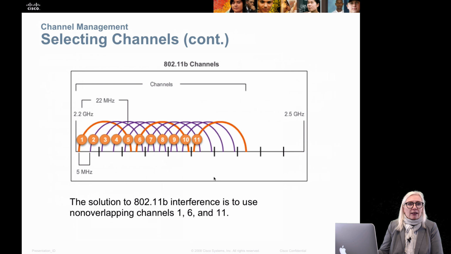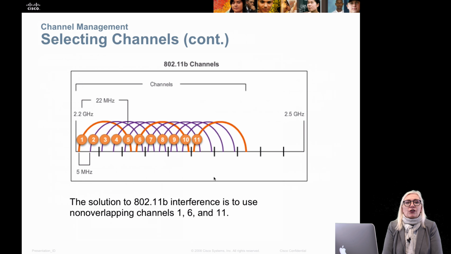802.11b had different channels, and it is important that when we have two different access points and they are neighbors and they interfere with each other, we cannot use overlapping channels.